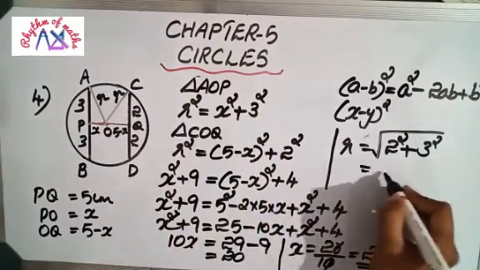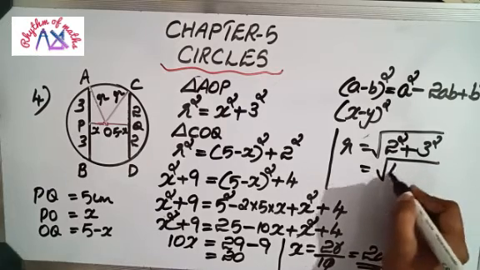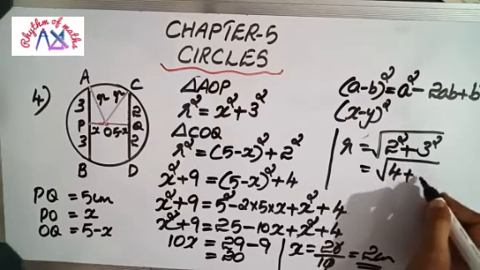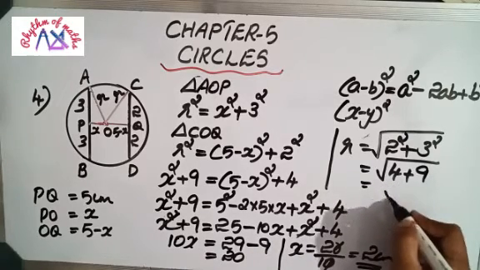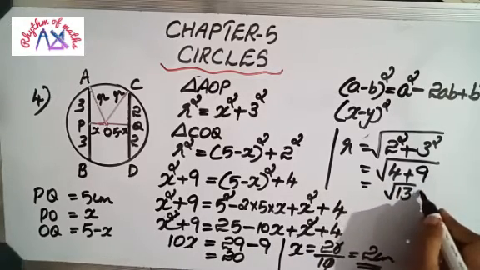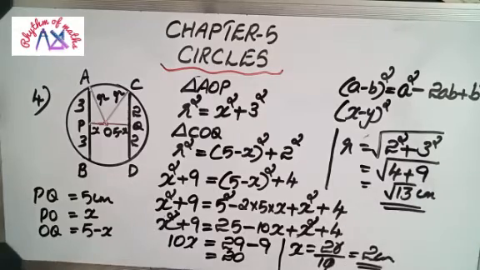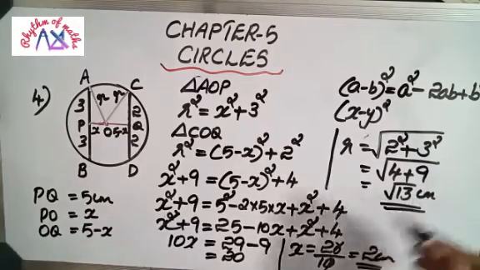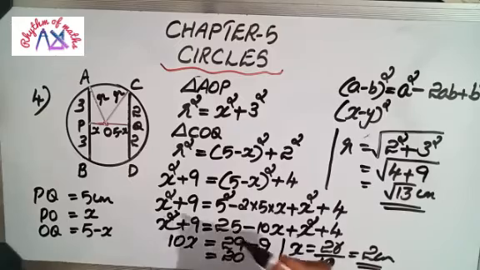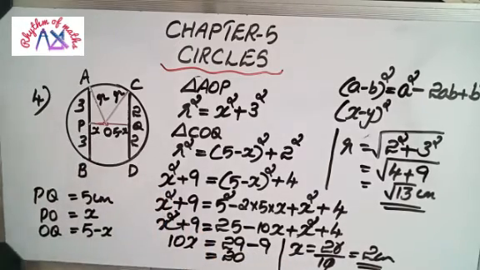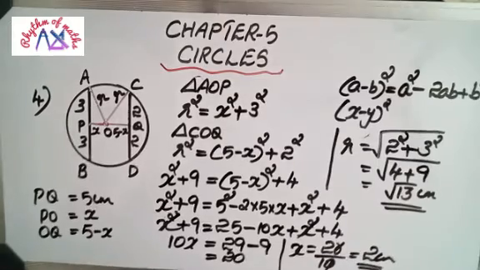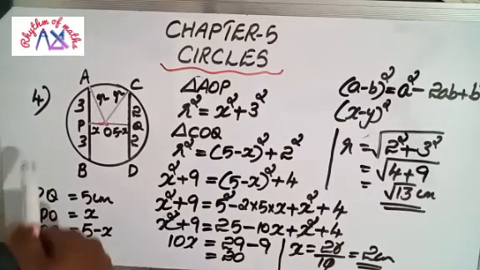That is equal to root of 2 square, which is 4, plus 3 square, which is 9. That is 9 plus 4, root 13 centimeter. So the radius is root 13 centimeter, and the first distance is 2 centimeter, the second distance is 3 centimeter. This is the answer for the fourth question.